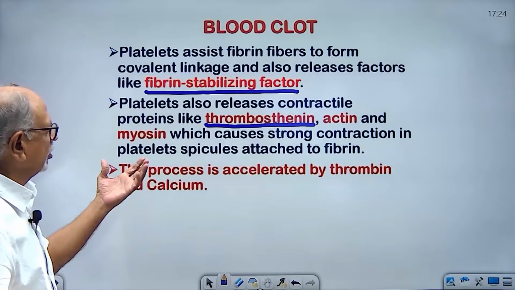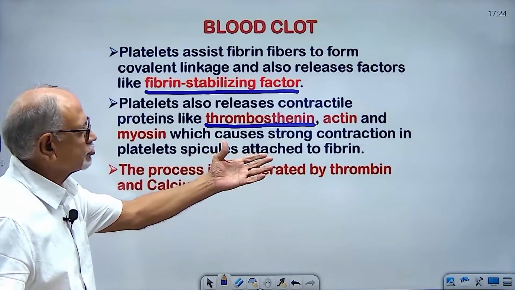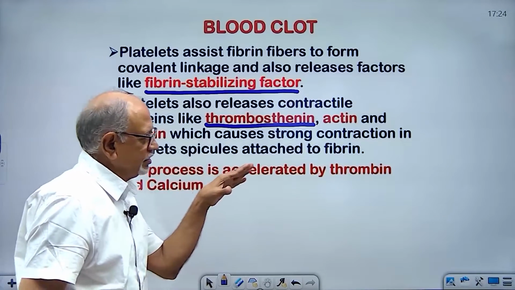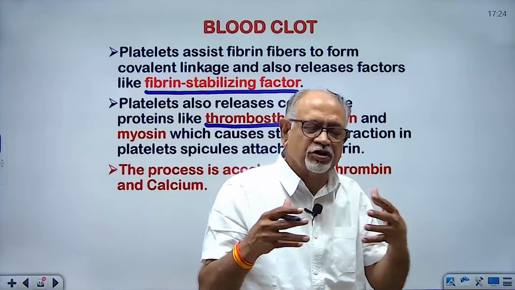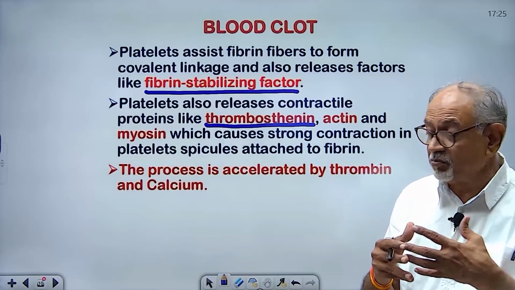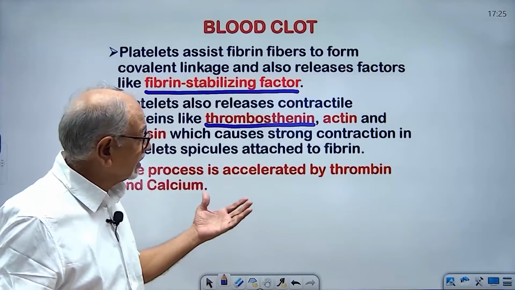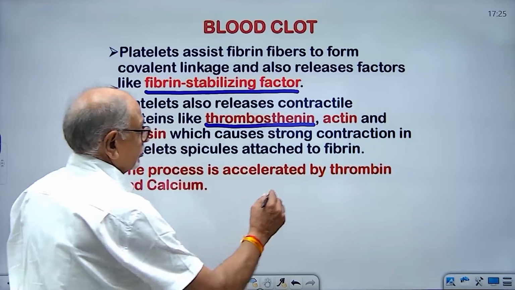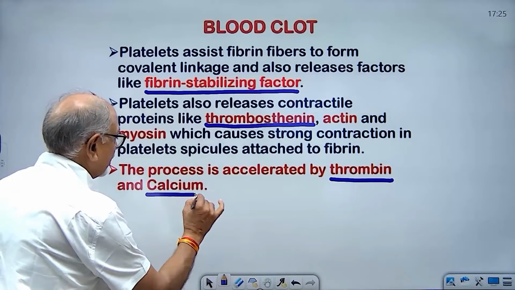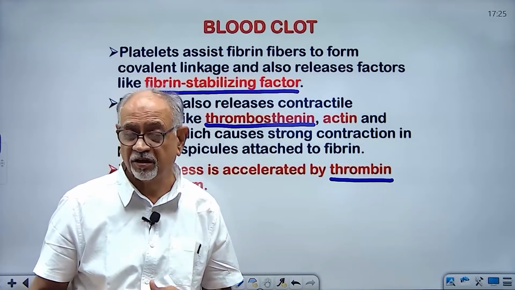These are the proteins which can be retracted, which causes a strong contraction in the platelet spicules. These are attached to the fibrin fibers as well as the surface of the blood vessel. This process is further accelerated by thrombin as well as calcium. As I stated earlier, calcium plays a very vital role in blood clotting.